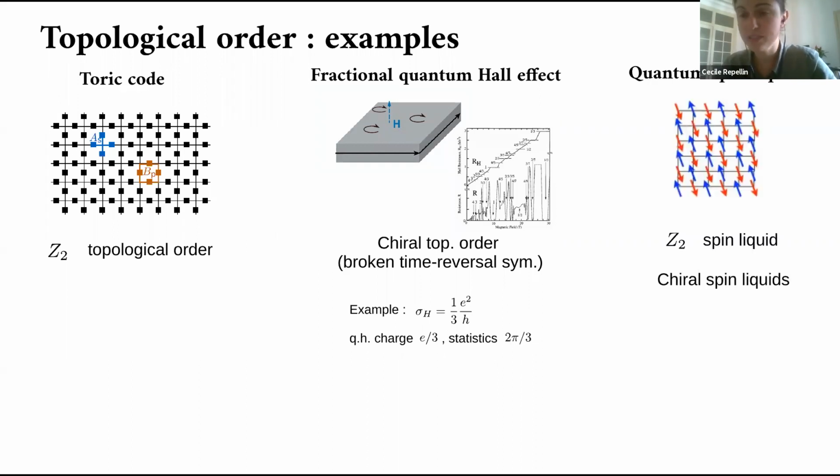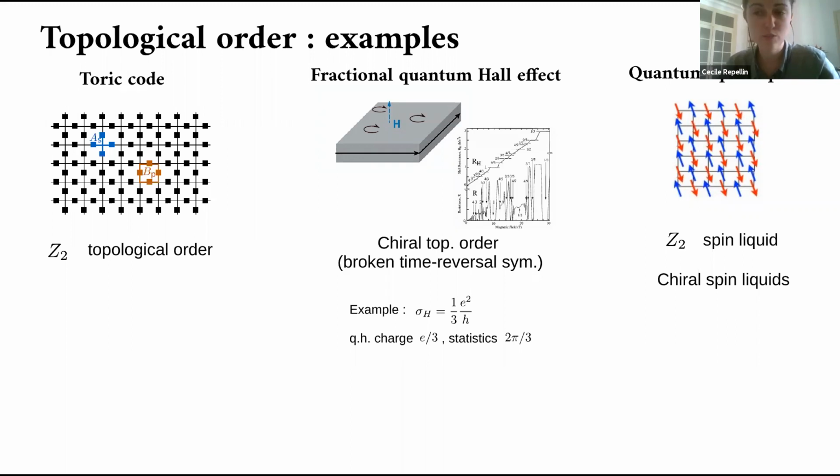And finally, just to give an example of how varied this notion is, you can encounter topological order in quantum spin liquids also, in principle, in spin systems that have so much frustration that there's no symmetry breaking even at 0 temperature.